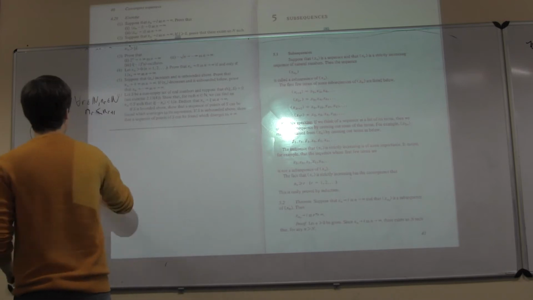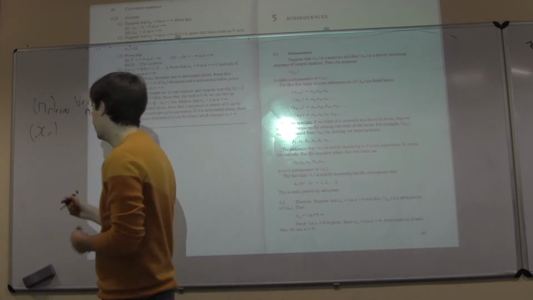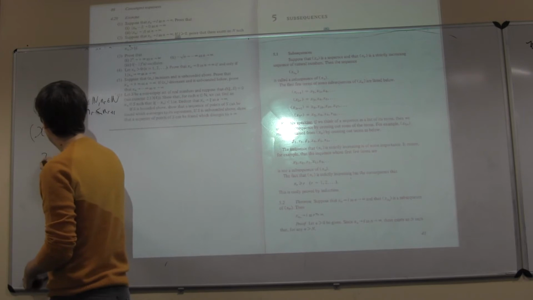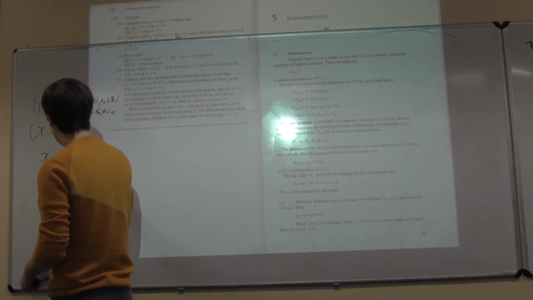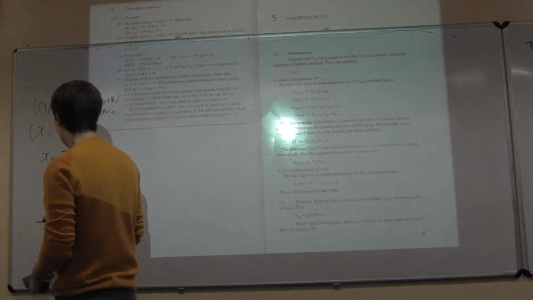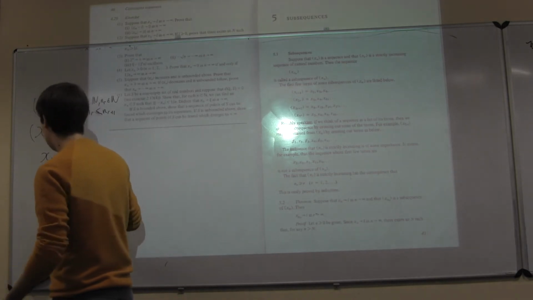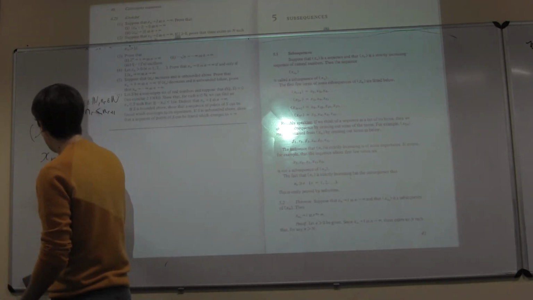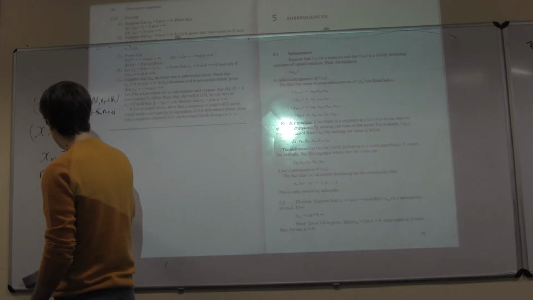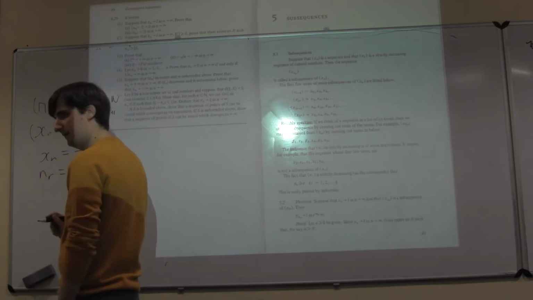If you like, it's like composing two functions. So there we had xn equals 1 over n. I suppose x naught would have been infinity, wouldn't it? And then we had n_r was 2 to the power of r.